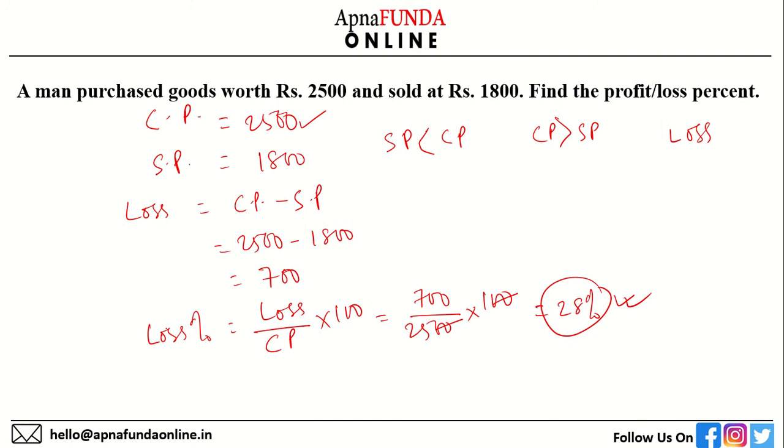I hope you have solved along with me. I hope you are able to follow. If you are not aware of any of these basic formulas, I repeat, please watch my profit and loss video 1. Make a note of all the formulas and come here again and solve along with me.